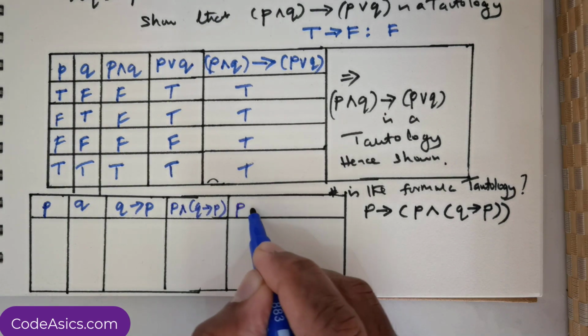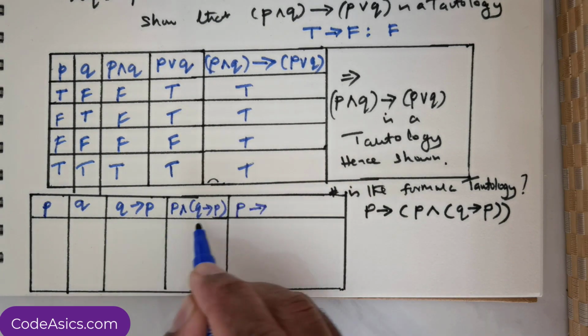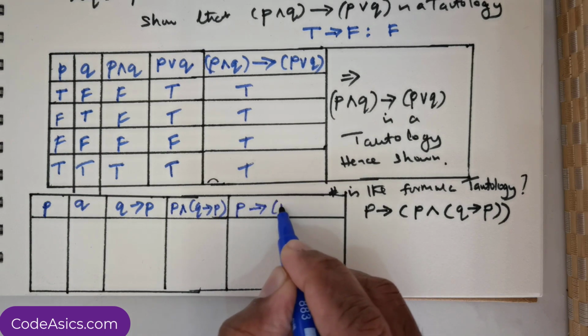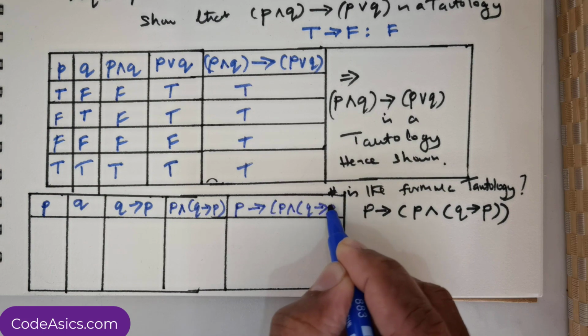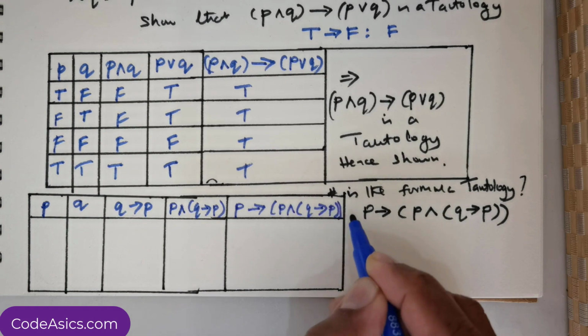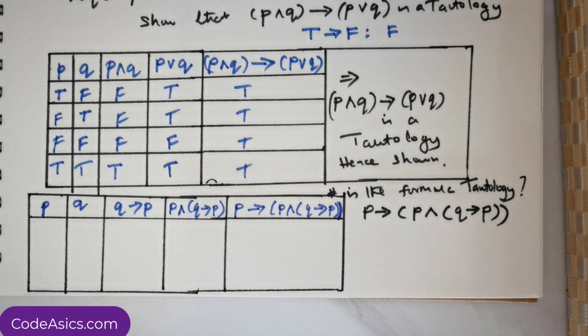And then conditional P conditional of this entire quantity. That's going to be P conditional of P conjunction of Q conditional P. Right? There are two brackets there.